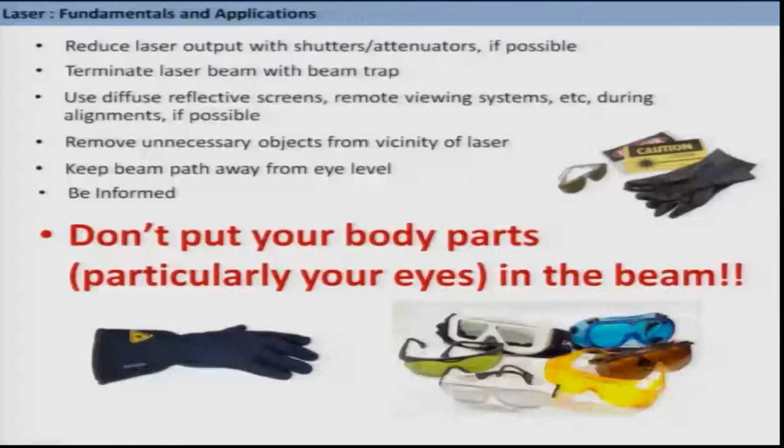Whenever you are aligning your laser beam, make sure that you are not aligning it so high that it comes to your eye level. Even if it is almost inevitable to do that, then make sure that the laser beam goes through tubes.